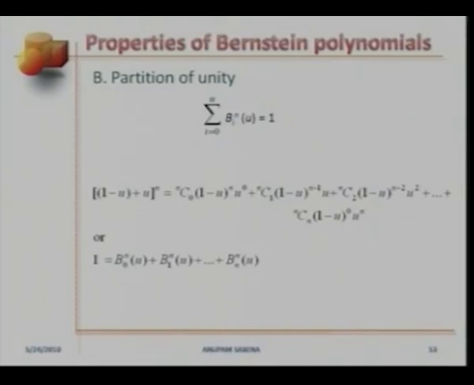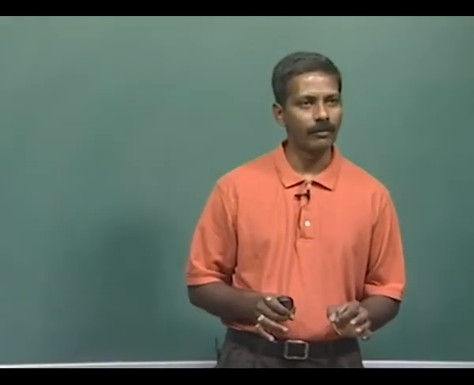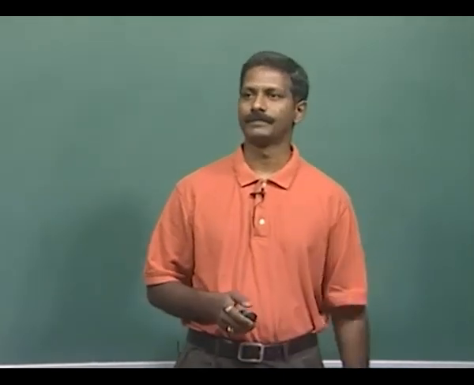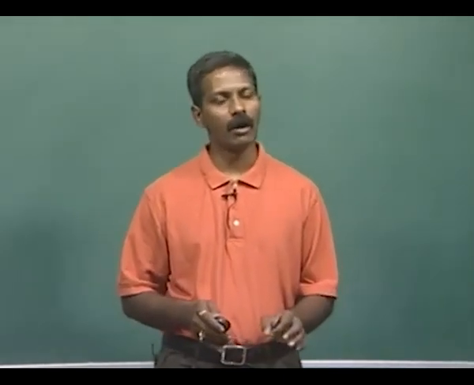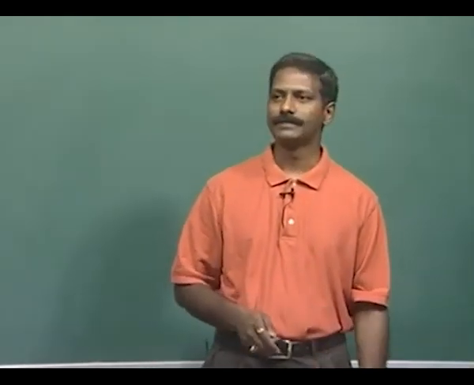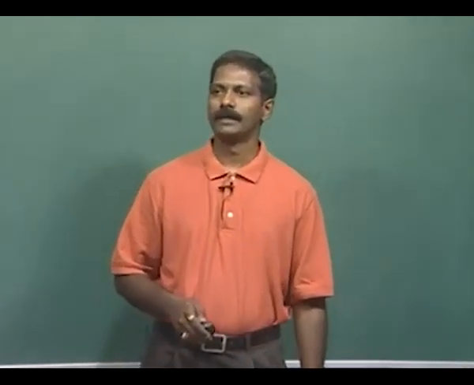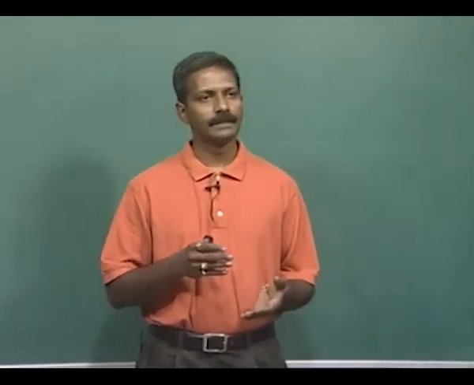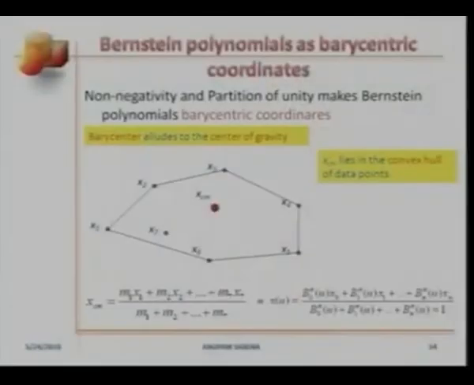Essentially, no matter what the value of the parameter u is, all Bernstein polynomials sum to 1, and all Bernstein polynomials are non-negative by themselves. It is the partition of unity property and the non-negativity property that made these Bernstein polynomials barycentric in nature.